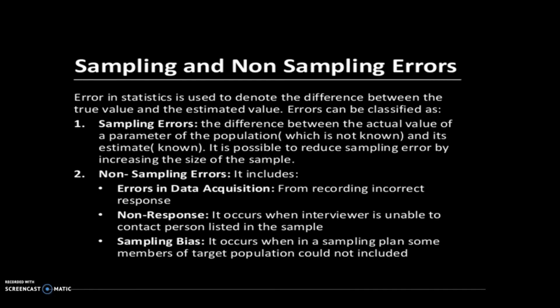Children, let us conclude today's session by recollecting all the important concepts of this chapter. Sampling error refers to the difference between the sample estimate and the corresponding population parameter. So the difference between the actual value of a parameter of the population and its estimate is known as sampling error. Non-sampling errors include errors in data acquisition, non-response, and sampling bias. Economic facts expressed in terms of numbers are called data.